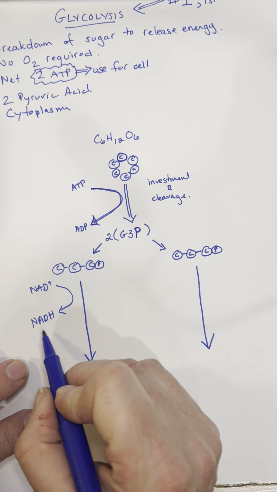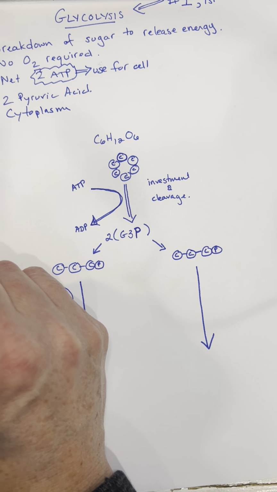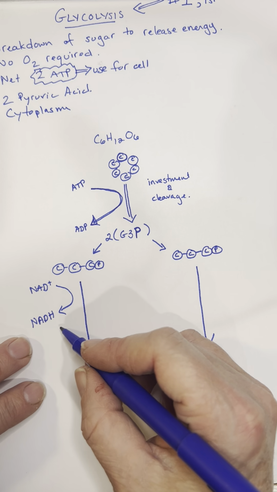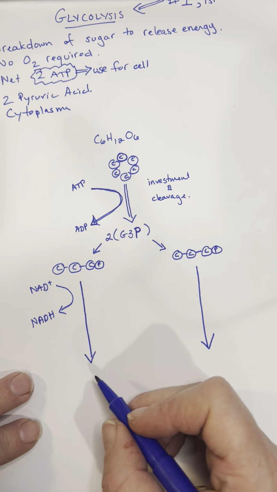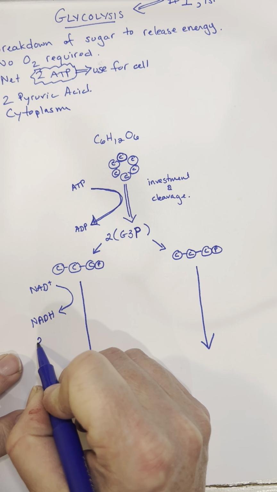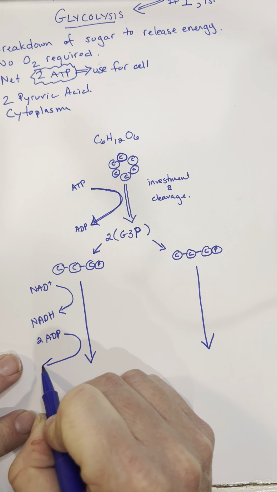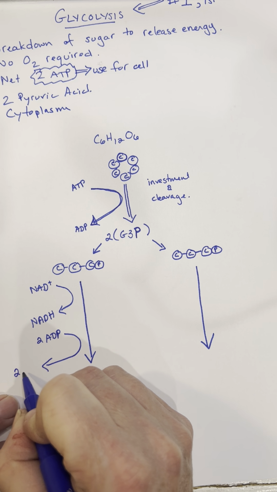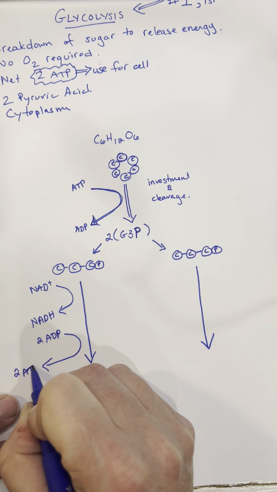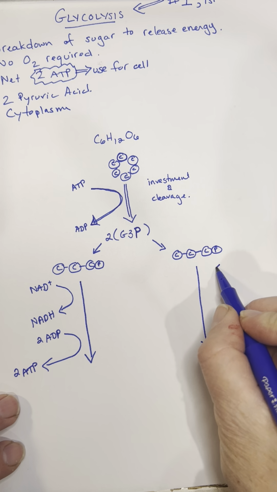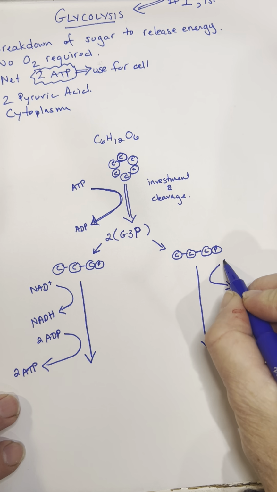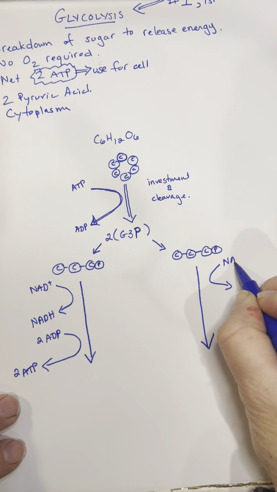Now we have an electron carrier without the P in the name. We're also going to have the production of 2 ATP, and that's going to be 2 ADP that are turned into 2 ATP. And that same set of processes is going to happen over here to the other G3P.